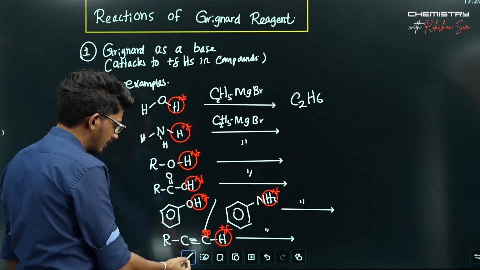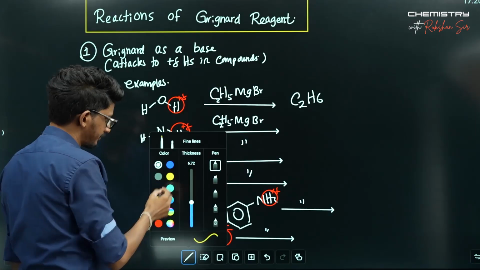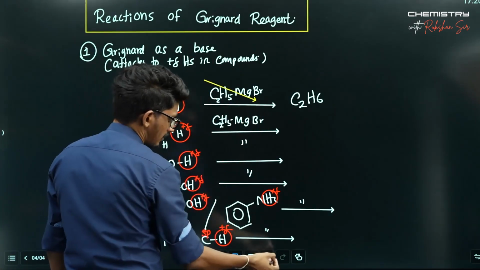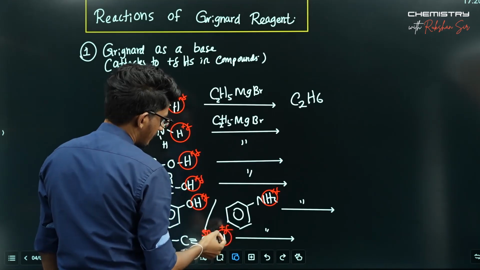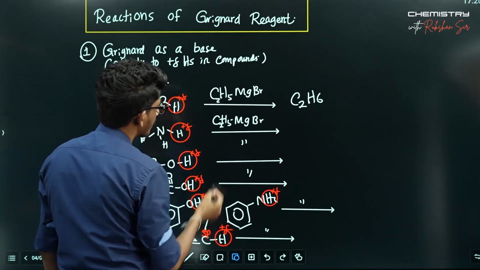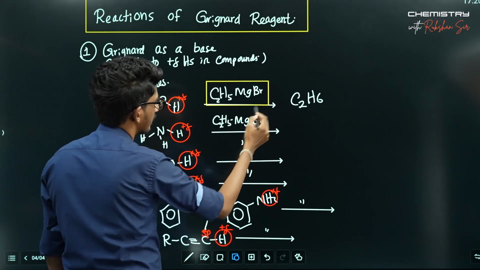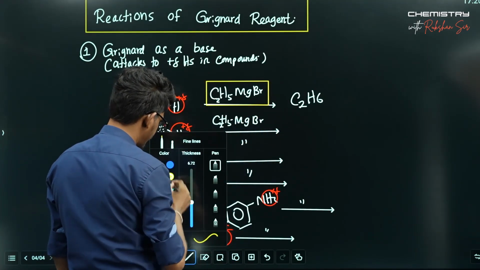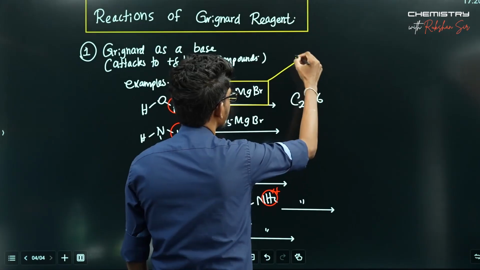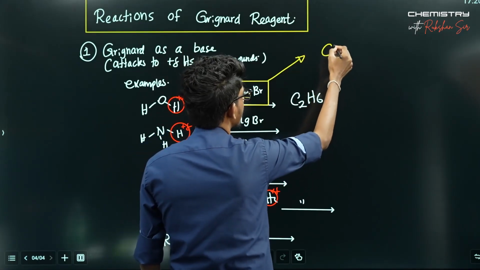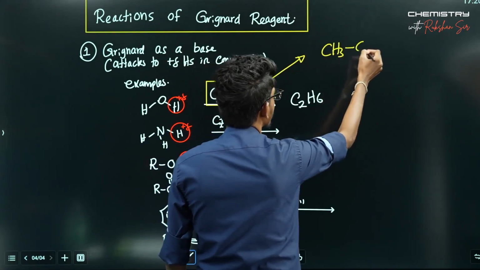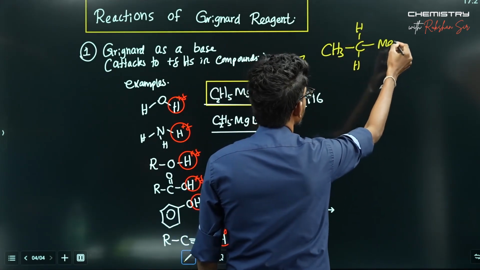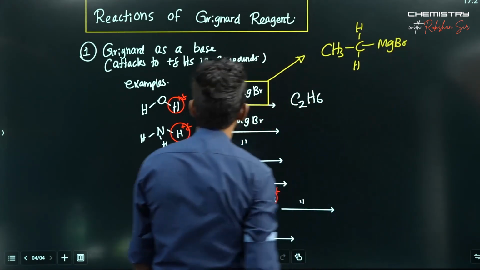It's like this, Nilama, if you need some more clarification. I can write this compound here. You have CH3, this H is there, and this MgBr.